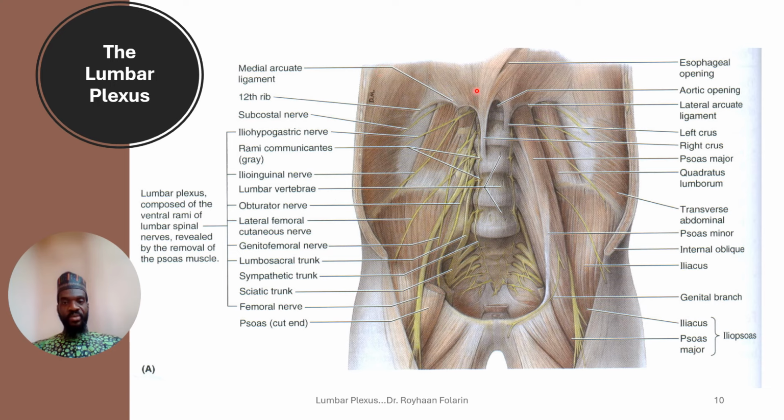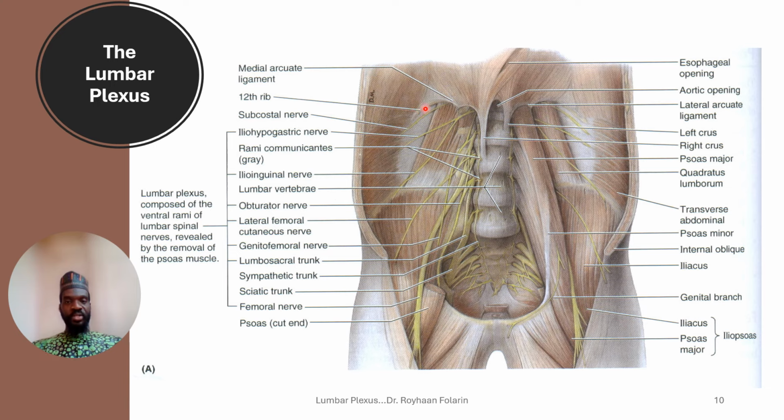So here, all the way superiorly, is the diaphragm, the posterior part of the diaphragm, right? Having a number of openings for the esophagus, that is the esophageal opening, and for the aorta, the aortic opening. So here is the diaphragm.